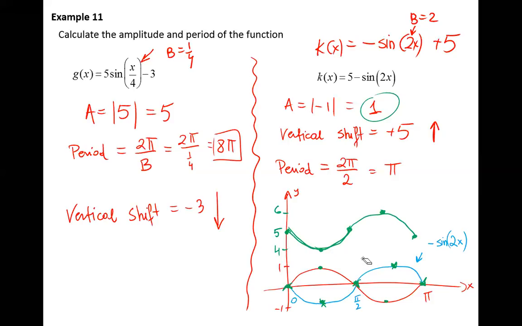I just focused on the normal sine, but we do have to shift the negative sine. We definitely understand the amplitude didn't change, because it's still maximum value 6 and minimum value 4. The difference is 2, divided by 2, is 1. And what else didn't change? The period. Okay, that's the correct graph.